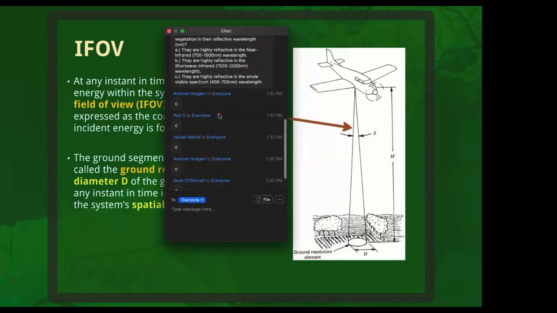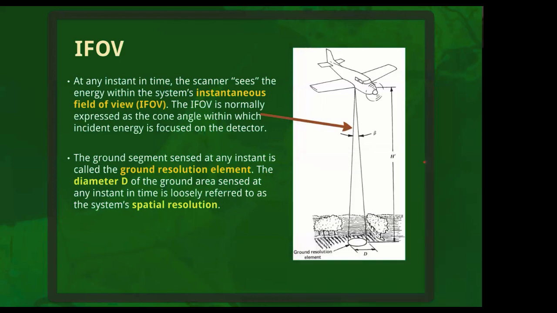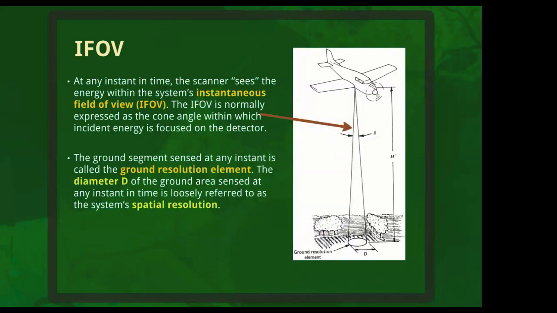So that's a C, but the general idea is because the cloud cover looks pretty white in an image, so that's why I finally decided to go with a C, because if they're highly reflective in the whole visible spectrum, then it's going to be white. And then they drop after 700. They completely drop. And that's how some of the longer wavelengths can penetrate through cloud cover. We'll come back to this, it's a little beyond.